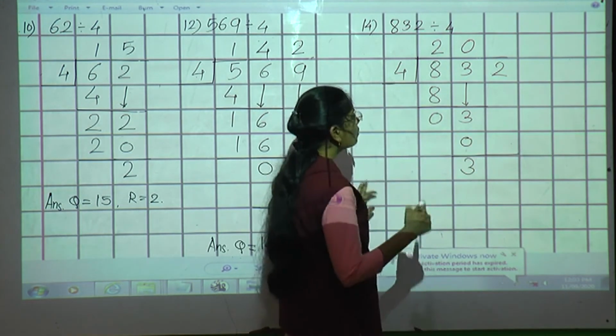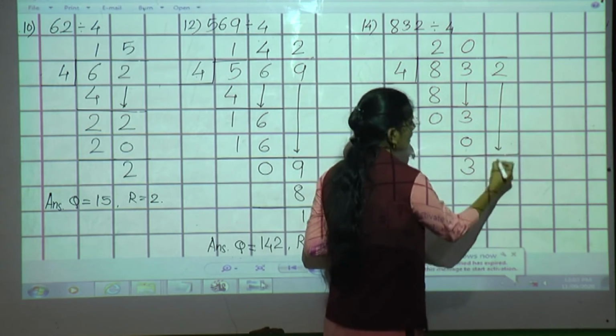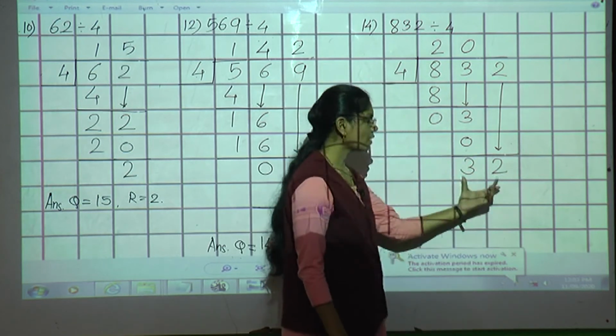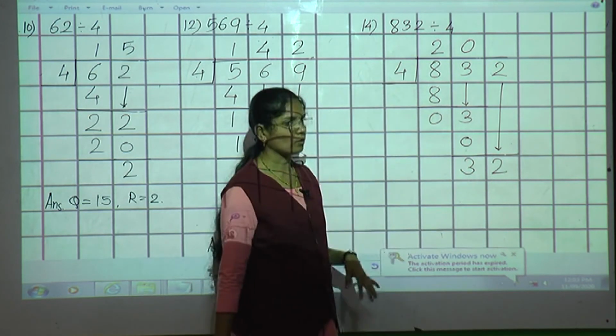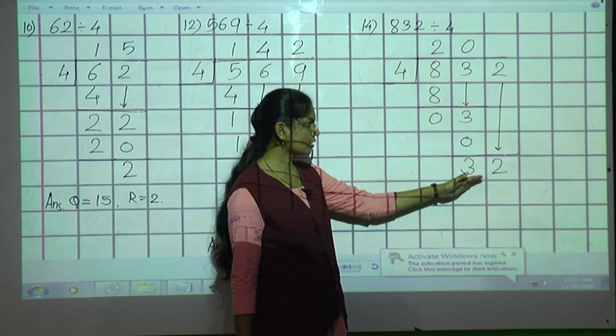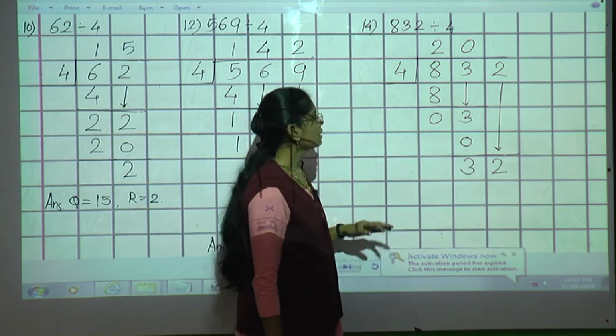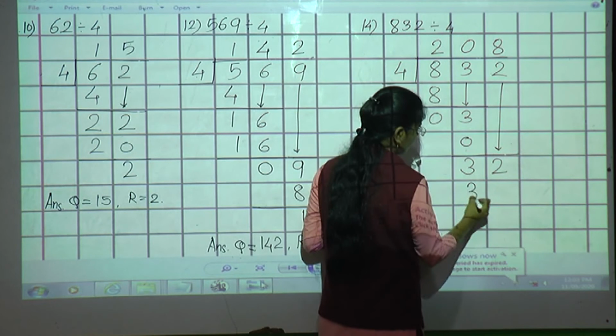Then we'll go to the next step. In the next step, this 2 will come down. Now here we have 32. Now 32 divided by 4. In the table of 4, 32 is there. In 32, how many 4s can you see? Yes, there are 8 4s. 4 8s are 32.